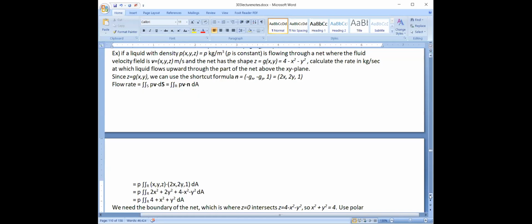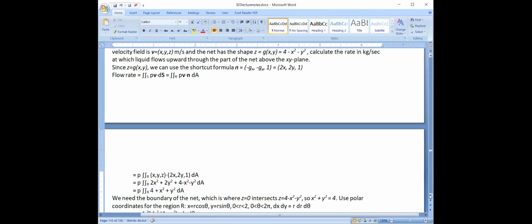Polar coordinates give us our parameterization for the region R. We want x to be r cos theta, y equals r sin theta, and we want the whole region. Since x squared plus y squared equals 4, we know our radius is 2.